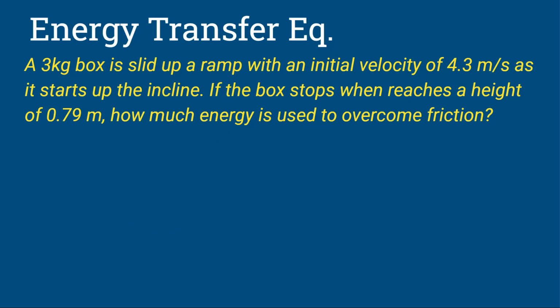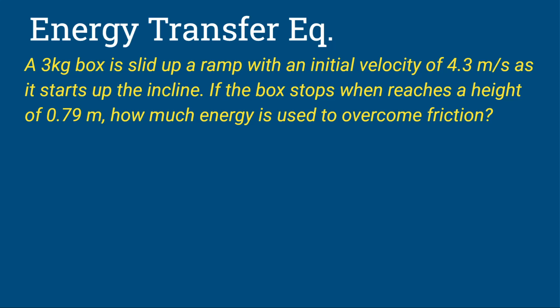This one says a 3 kilogram box is slid up a ramp with an initial velocity of 4.3 meters per second as it starts up the incline. If the box stops when it reaches a height of 0.79 meters, how much energy is used to overcome friction? Okay, so if the box stops at that height, I know that initially I have initial velocity and I'm starting at ground level, so I have kinetic energy.